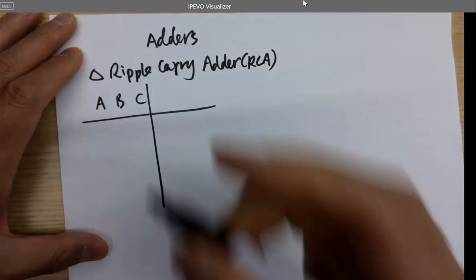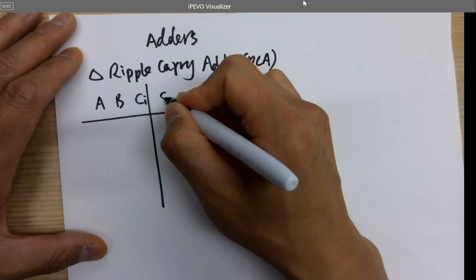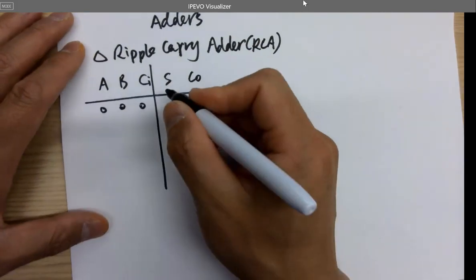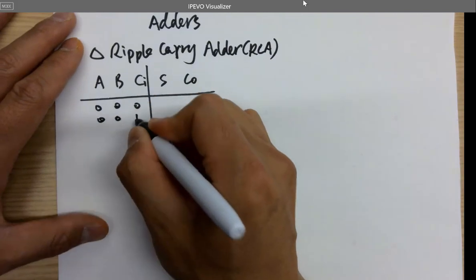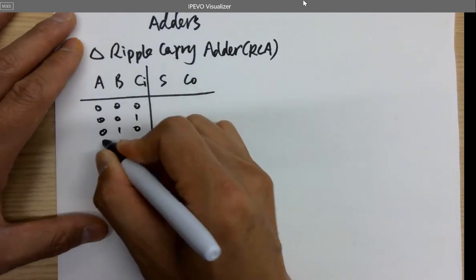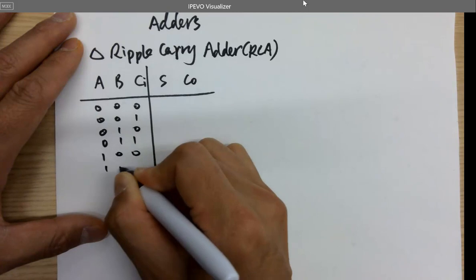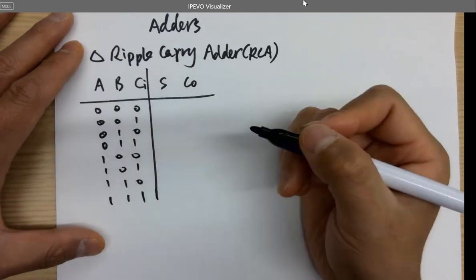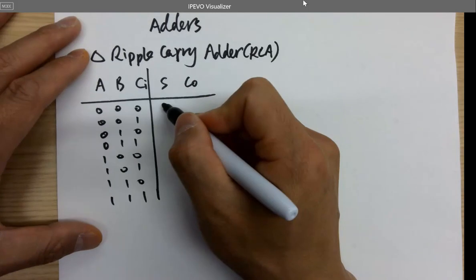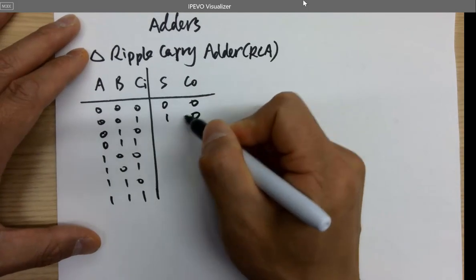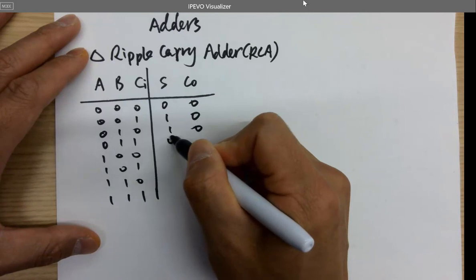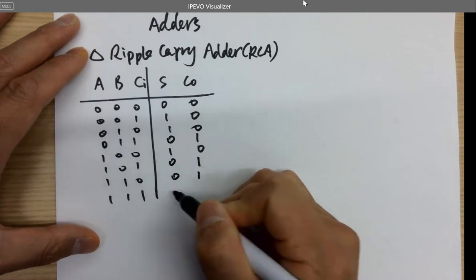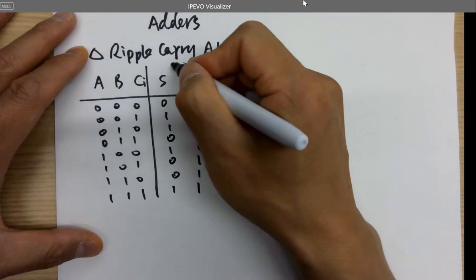You have three inputs. This is carry in, and you have a summation and carry out. These are all the possible inputs. And this is 0, 0, 1, 0, 1, 0, 0, 1, 1, 0, 0, 1, 0, 1, 1, 1.